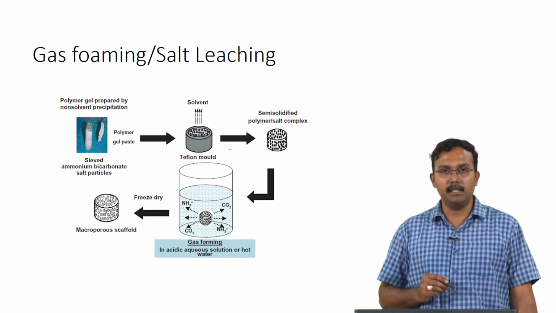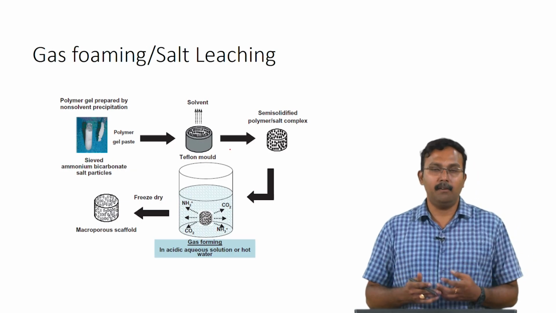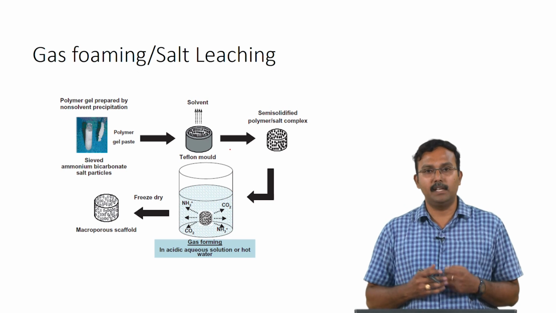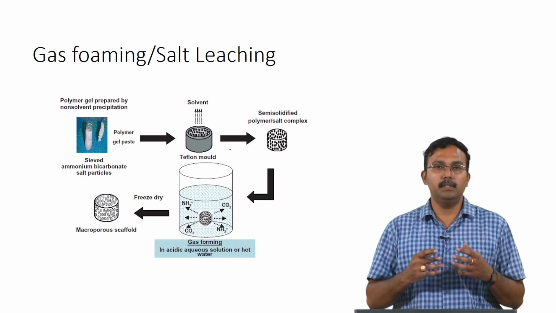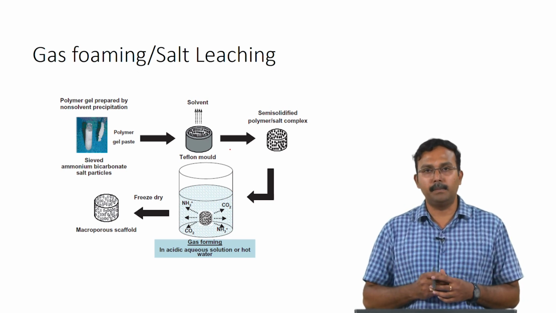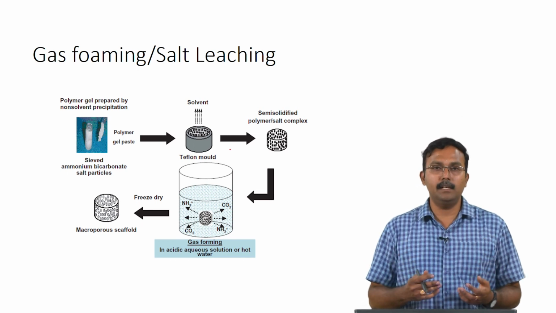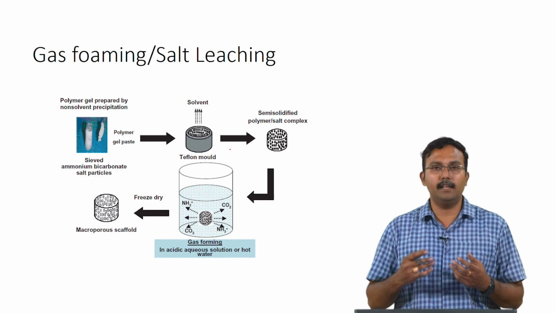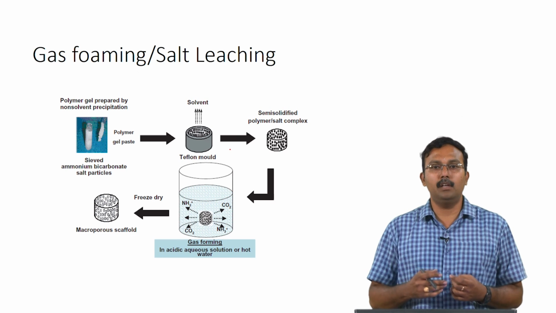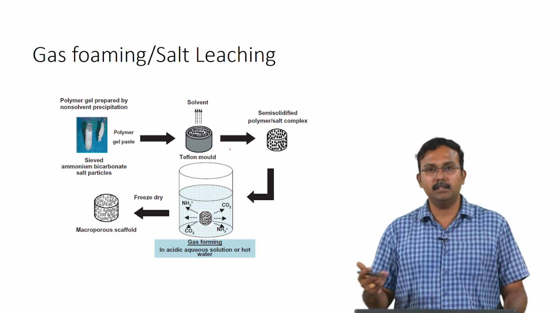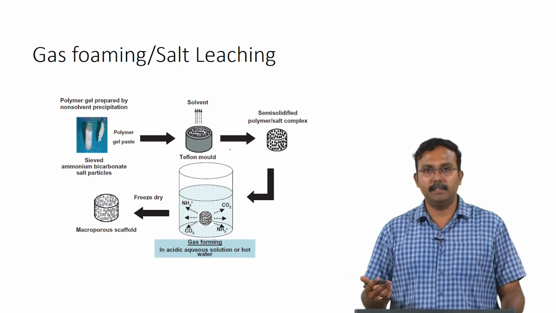To overcome this limitation, people have looked at gas forming and salt leaching method. So, this also uses a very similar principle. However, instead of using a simple NaCl kind of salt, you use a salt which can cause gas to be generated.